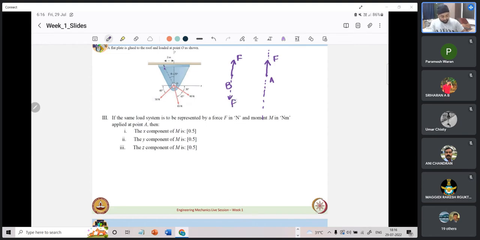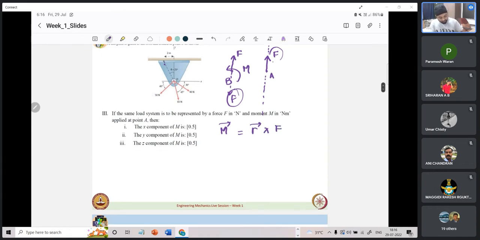So this force and this force, these two create a couple, which is the moment. So the point to remember here is, if we shift the force from one point to the other, that force has to be accompanied by a corresponding moment or a couple as well. So what will that couple be? What is the moment given by? It is given by R cross F.